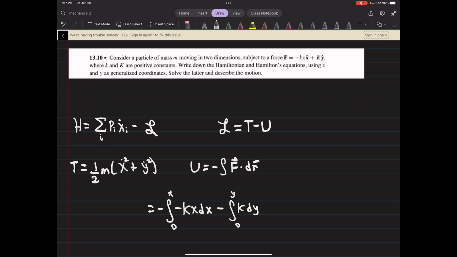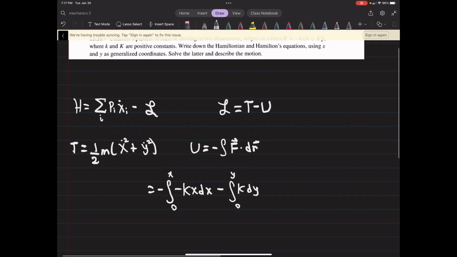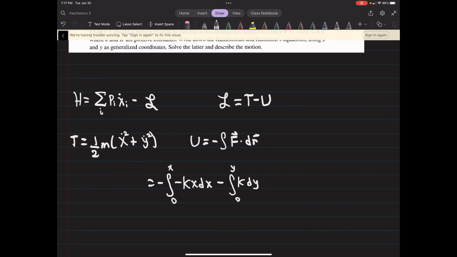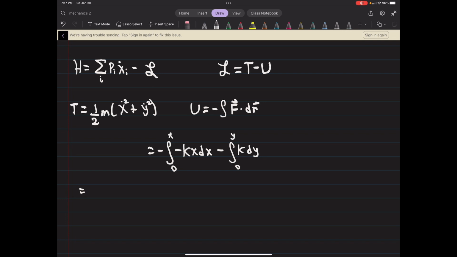We'll go from our origin to the point of interest, and we can define our potential to be zero wherever we'd like. So we'll do it at 0. So the first one is then going to be just 1/2 kx squared. This is our potential. Minus ky.